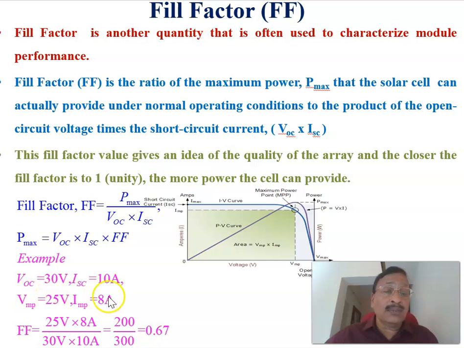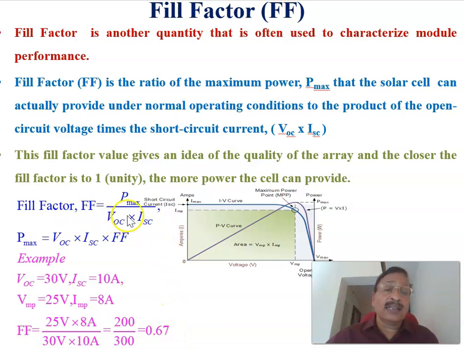Therefore, the product 25 into 8 is the maximum power output Pmax, and the product of VOC and ISC is substituted in the denominator. This ratio, 25 into 8 divided by 30 into 10, gives 200 divided by 300, or 0.67. Therefore, the fill factor in this case is 0.67.